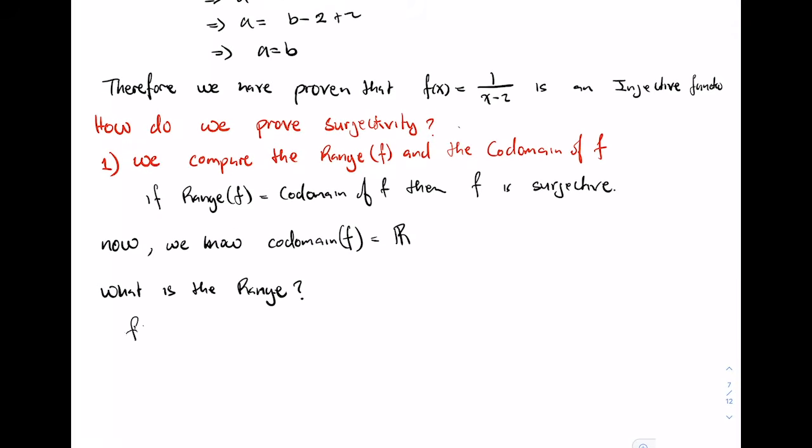Now f of x equals 1 over x minus 2 can take on many values, both negative values and positive values. Now, looking at this function, there is one value that this function cannot take on. All right? There is one value that this function cannot take on.